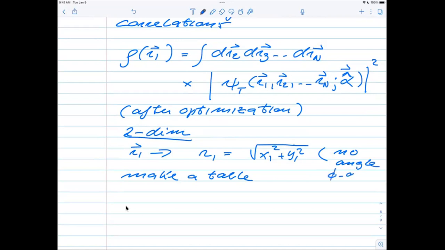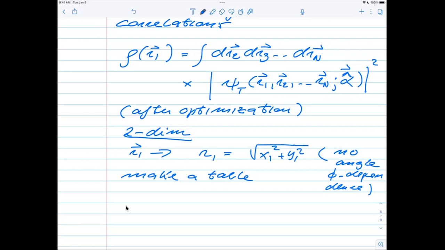So this is just switching to polar coordinates. And if you do this in 3 dimensions, you would have spherical coordinates. And there as well, for the lowest lying state, which is isotropic in space, we have no angle dependence. So that means that we can integrate out the degrees of freedom coming from the angles.